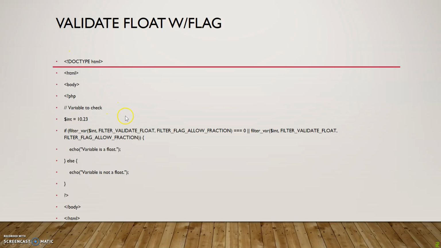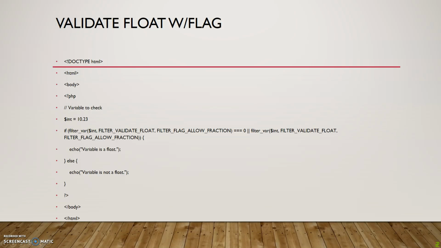But this is a way you can validate a float so that you can allow a fraction. We're putting in 10.23, and this allows a fraction to be used with a decimal. So we filter validate float with filter flag allow fraction, and it allows you to use a period within the number as a fraction. So it allows 10.23 to go. It's either going to say the variable is a float or the variable is not a float.